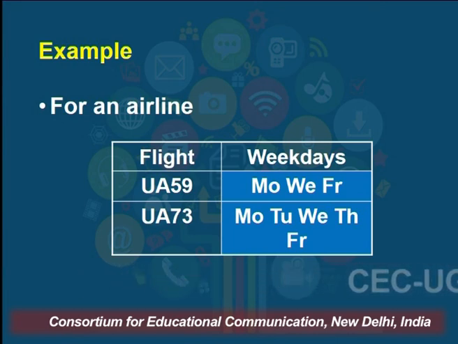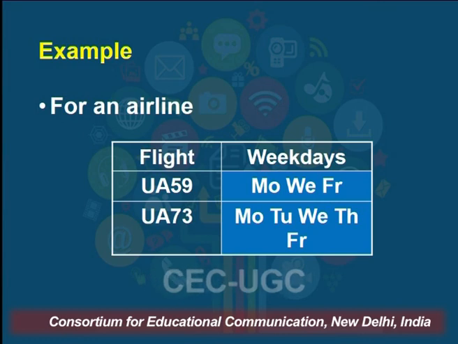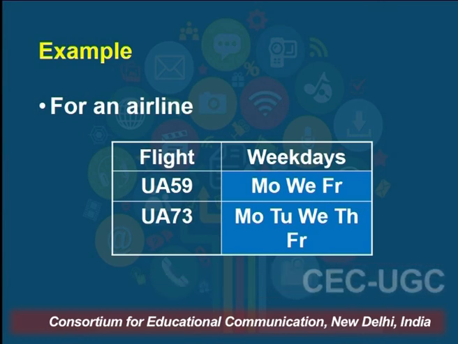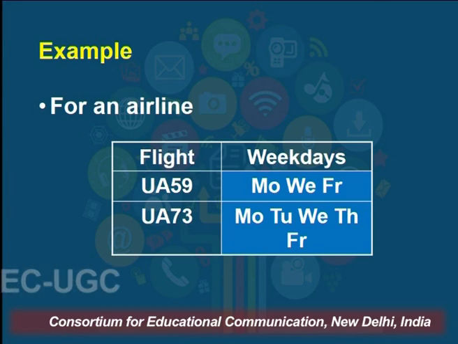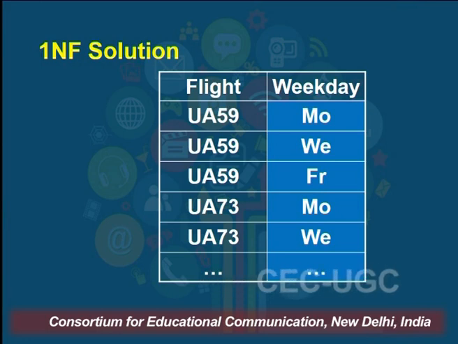Based on similar lines, what are we going to do? We are going to repeat the flight number UA 59 thrice, and in the weekdays attribute we write the individual values, as shown on the screen.